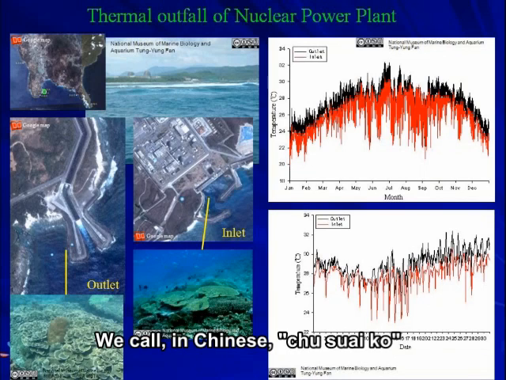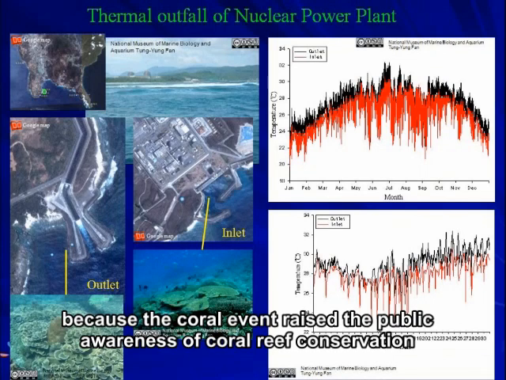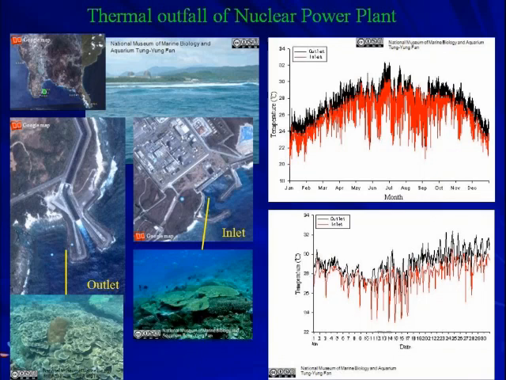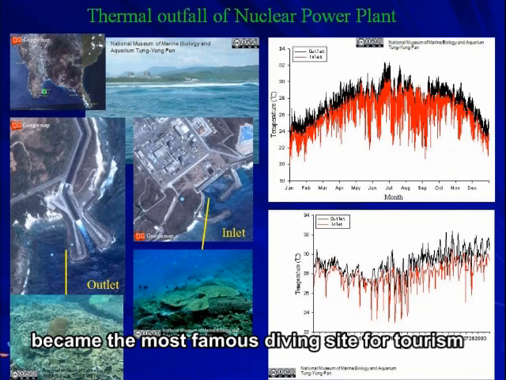In Chinese we call it 出水口, the outlet. Most Taiwanese people know this area because the coral bleaching event raised public awareness of coral reef conservation. But right now, this 出水口, the outlet of the power plant area, has become the most famous diving site for tourism.